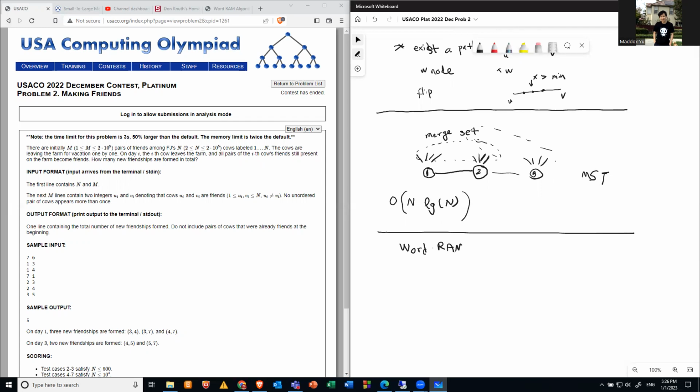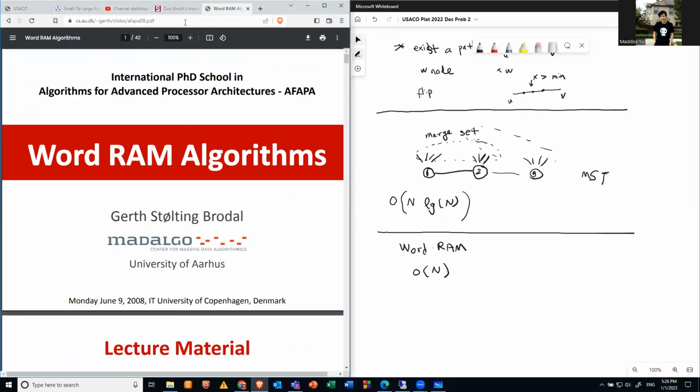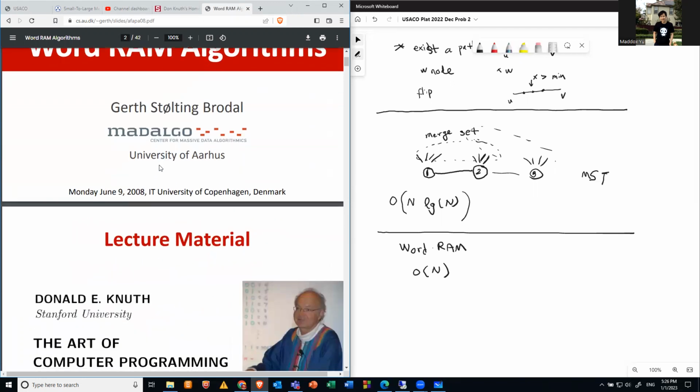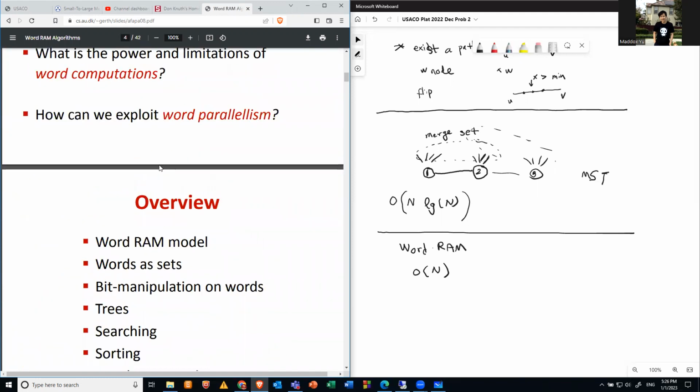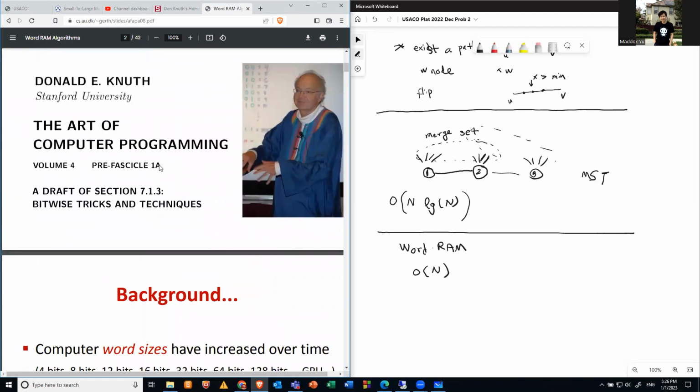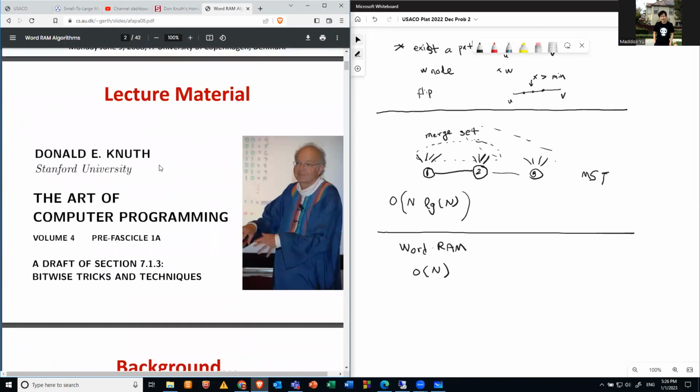If you know how to do this, you can actually solve this problem in O(n) instead of O(n) log n. The word RAM algorithm is here. There's a slide, a lecture, and I would like you to review this lecture after this class. That will be your homework, and try to code this instead of using the official solution for O(n) log n. Try to code it in O(n) complexity.